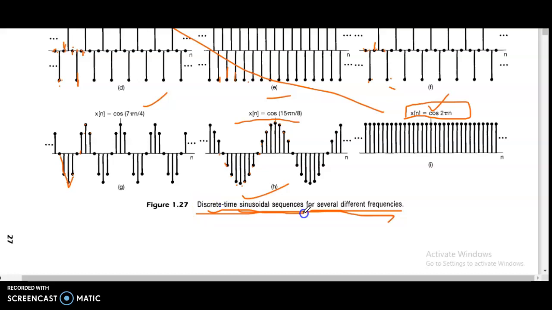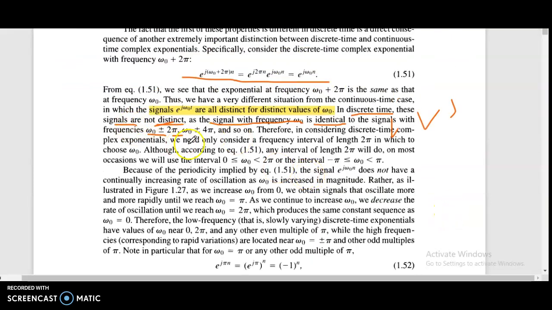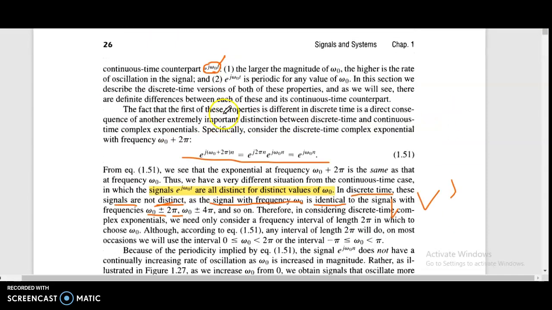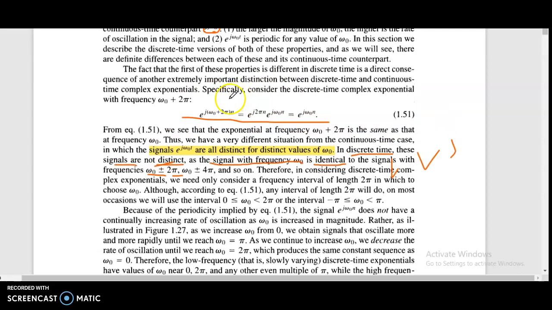Discrete-time sinusoidal sequences for several different frequencies. Once again we will see here. The fact that the first of these properties is different in discrete time is a direct consequence of another extremely important distinction between discrete time and continuous time complex exponentials.